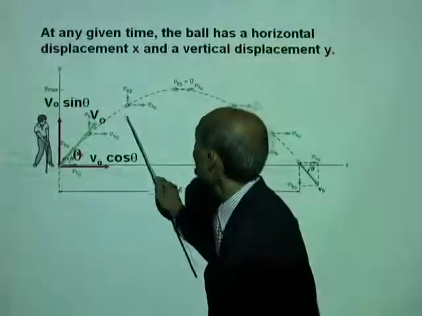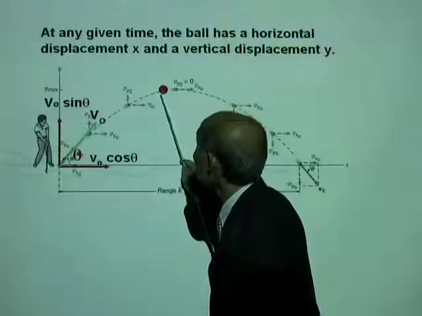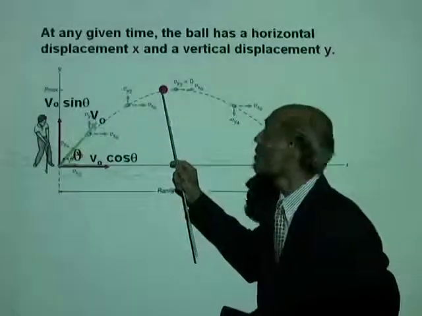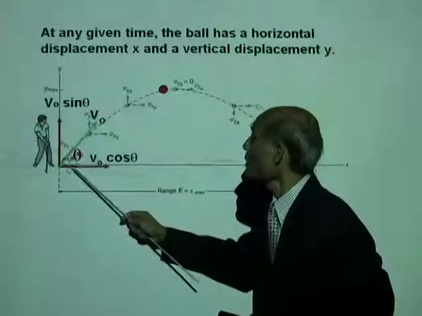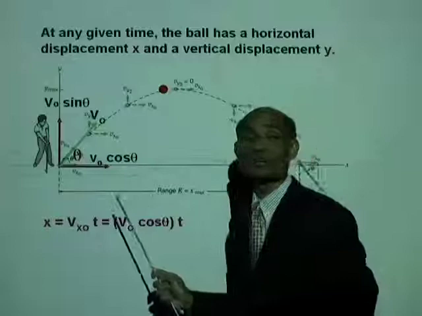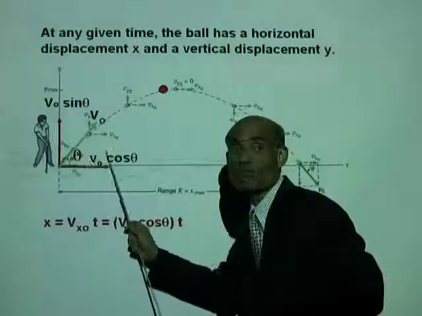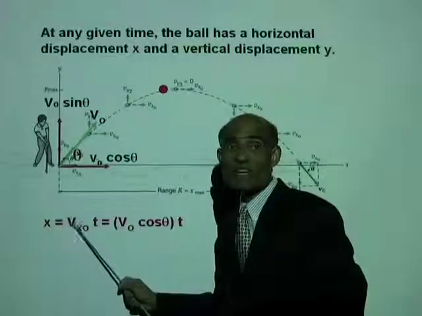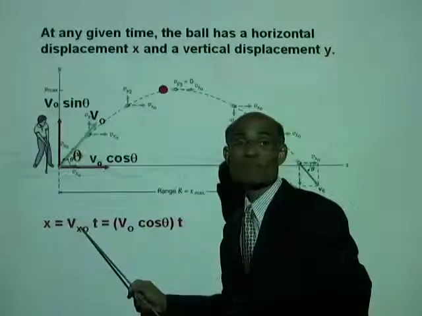That means if you now look at the ball, say here, what is the horizontal displacement of the ball now? The horizontal displacement is this distance. What is that equal to? Because the horizontal velocity does not change, vx0 is a constant.